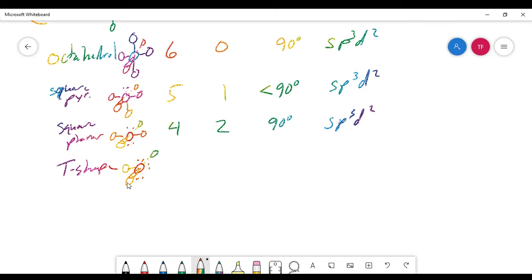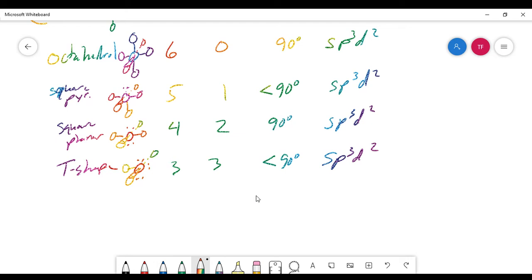So you can see we have the T-shape just like earlier, it's just turned sideways here. There are 3 bonded atoms, 3 lone pairs. The angles are going to be slightly less than 90 degrees because now we have an unbalanced number of lone pairs, but still sp3d2 hybridization.